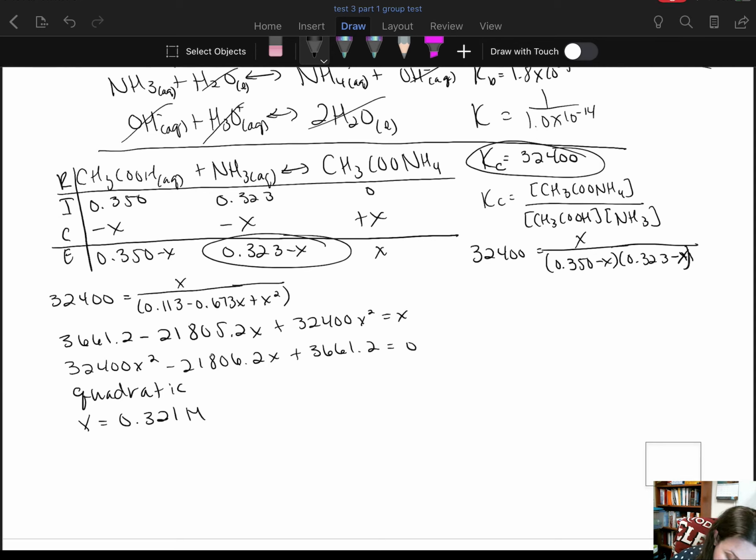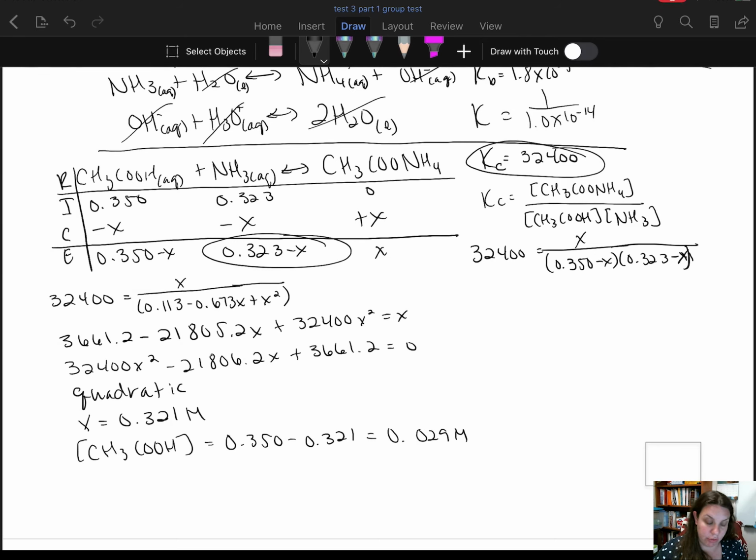So all we have left is CH3COOH, which is equal to 0.350 minus 0.321, giving us a concentration of 0.029 molar.